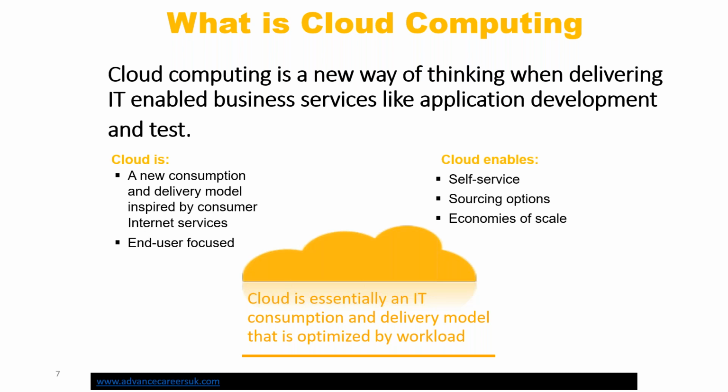The latency would be just too much. The delay would be just too much that you would not get value for your money. So for you to scale, cloud is just the way to go. So cloud is essentially an IT consumption and delivery model that is optimized by workload.